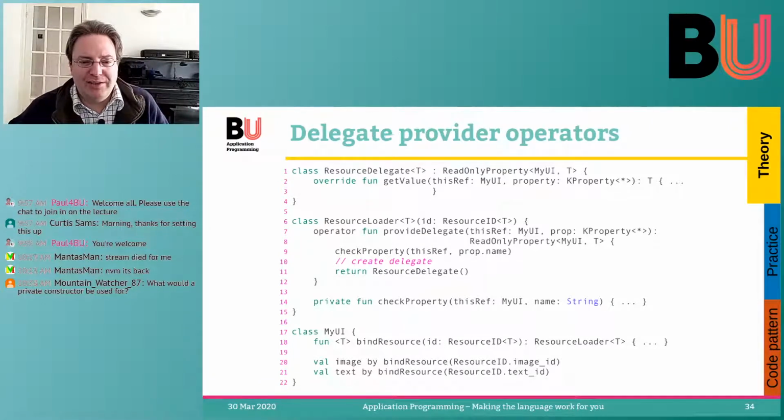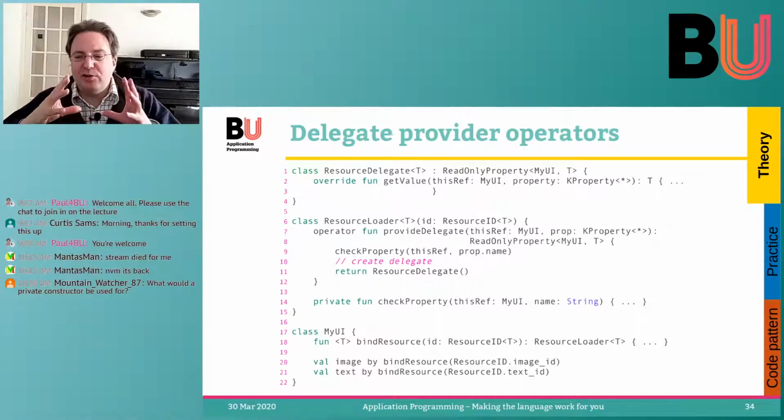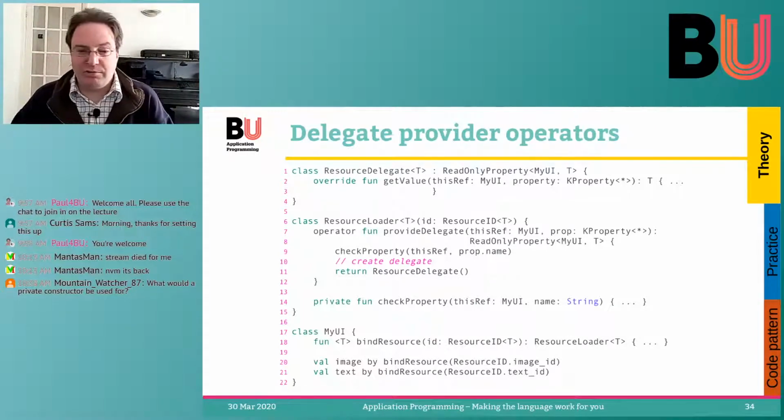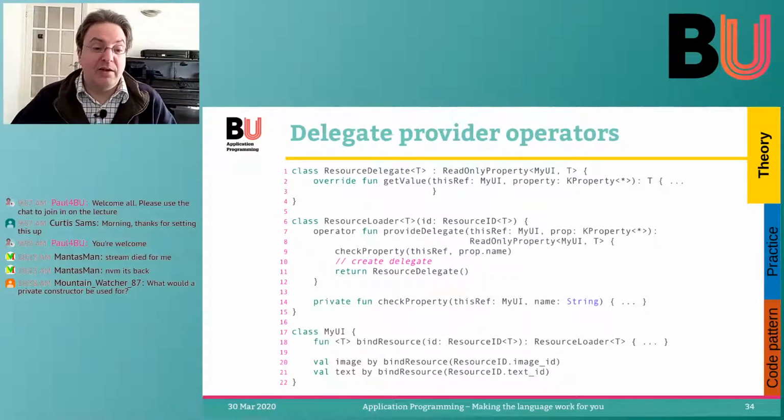So what you can do instead is this other operator that is provideDelegate. By the way, a delegate is like property X by this particular function that creates me a delegate, or a constructor that creates me a delegate.